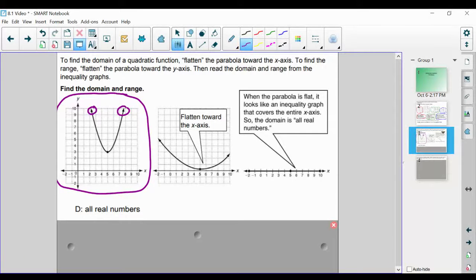The only time that we might see something different is if we have something that looks like this. That's not a true quadratic function, but in that case, we would have to quote unquote flatten and look to see, what's the smallest x value possible and what's the biggest x value possible? And that's going to be our inequality. But again, 99.9% of the time, we're going to have a domain that's all real numbers.